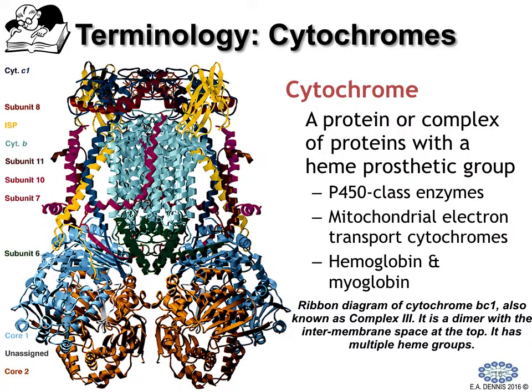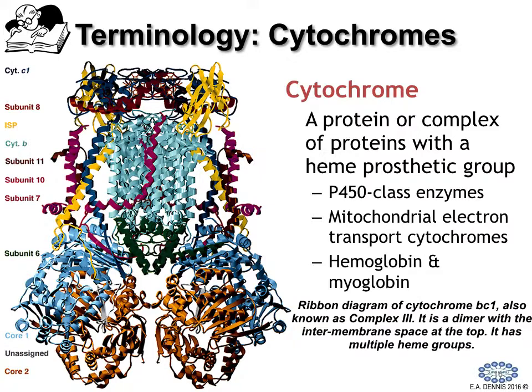There are numerous cytochromes. Illustrated here is just one particular one of the cytochrome B family, also known as complex 3. This is composed of numerous subunits, numerous proteins, and it includes at least one with a heme group as the prosthetic group.